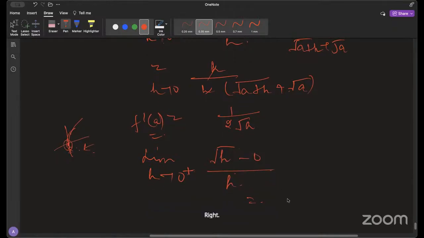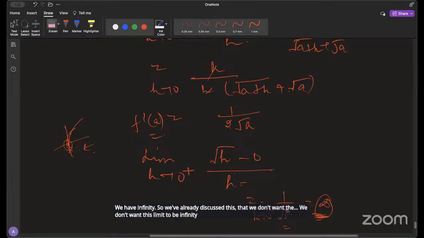So you'll have 1 by square root of h, and when you take the limit, you'll have infinity. We've already discussed that we don't want this limit to be infinity, we want it to be finite.